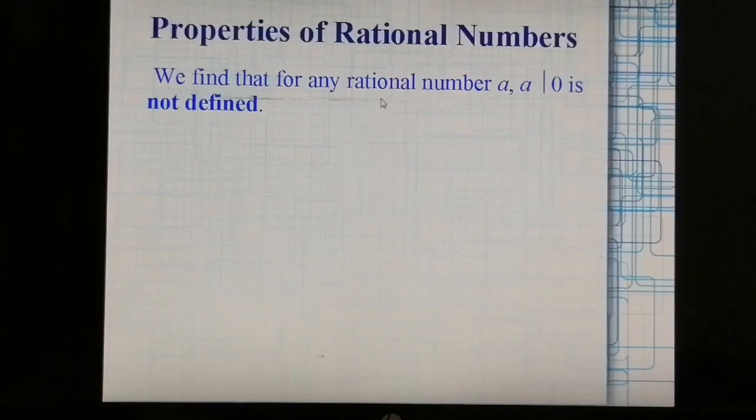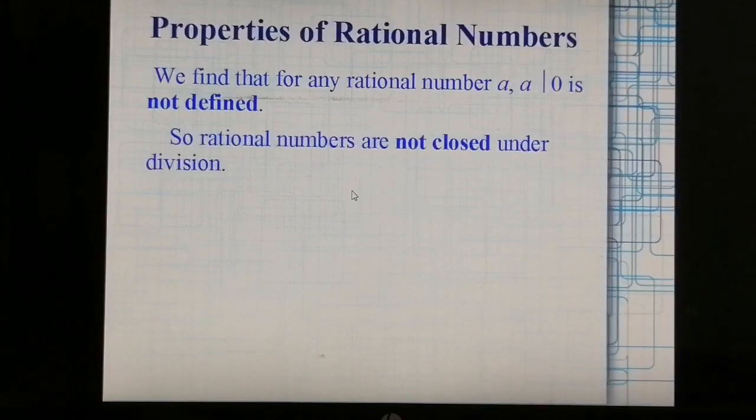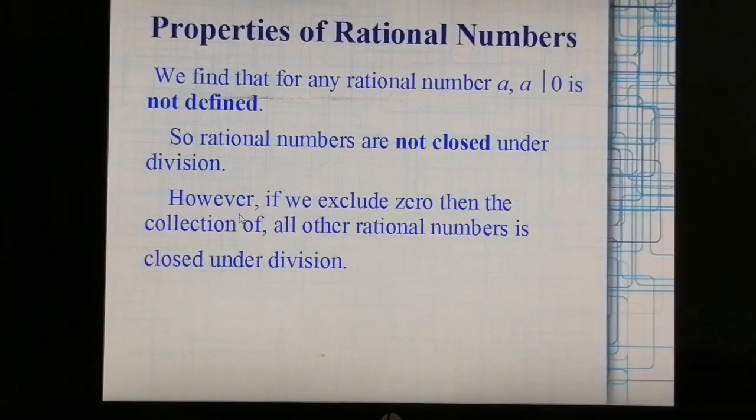Yes, we find that for any rational number a, a divided by 0 is not defined. Division by 0 is not defined, that's why it is not a rational number, and so rational numbers are not closed under division. However, if we exclude 0, then the collection of all other rational numbers is closed under division.